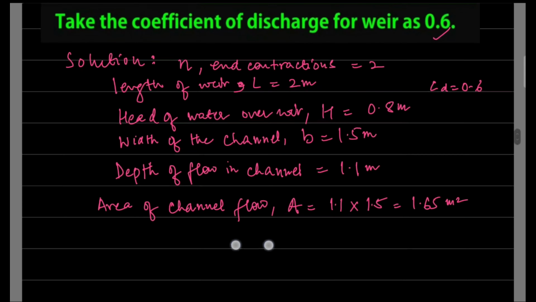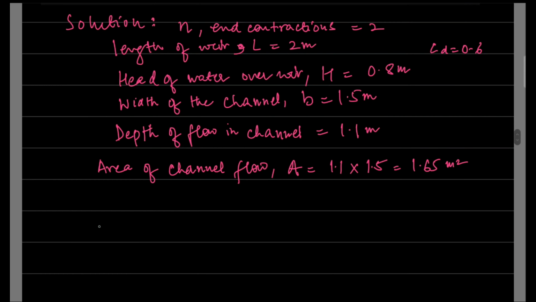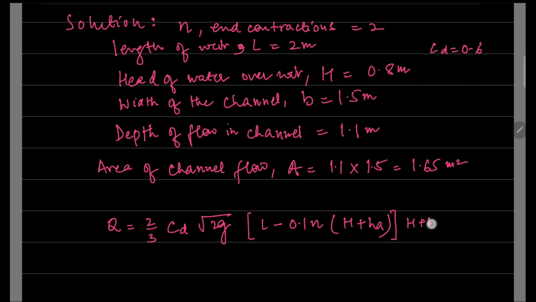So the equation we will be using will look like this: Q is equal to 2 by 3 multiplied by CD multiplied by under root 2G, and then (L minus 0.1 into N H) multiplied by (H plus HA) raised to the power 3 by 2, that will also be in bracket, minus HA raised to the power 3 by 2.